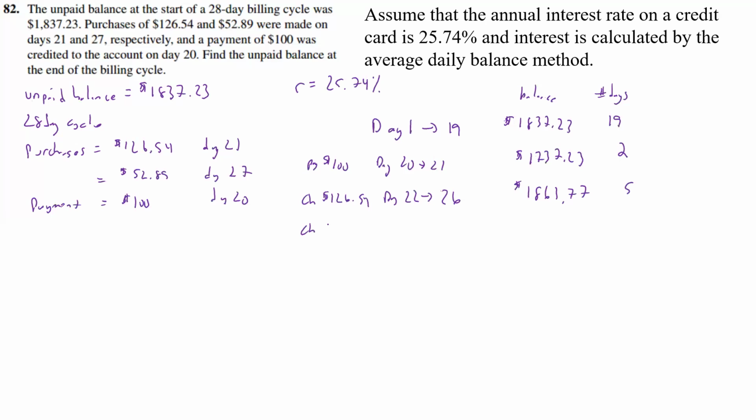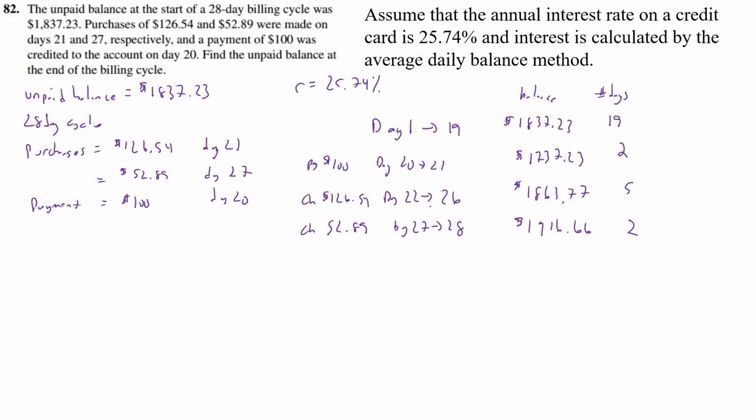Then we had a charge of $52.89, starting on day 27 to 28 because we only have a 28-day billing cycle. That gives us $1,916.66, and there are 2 days at that.